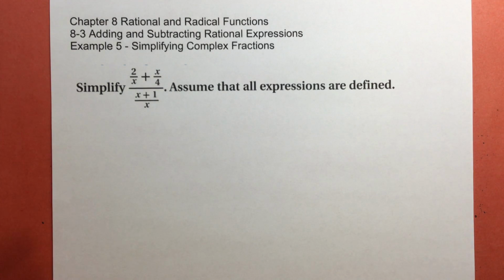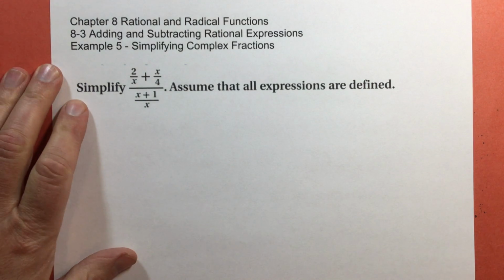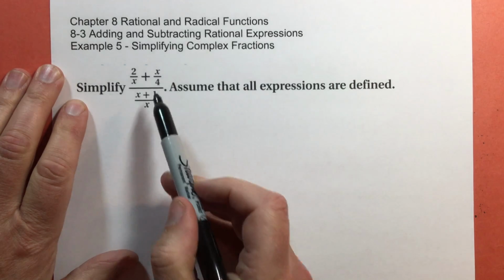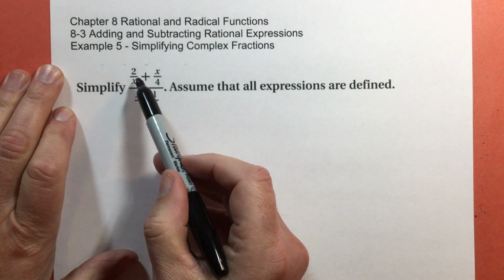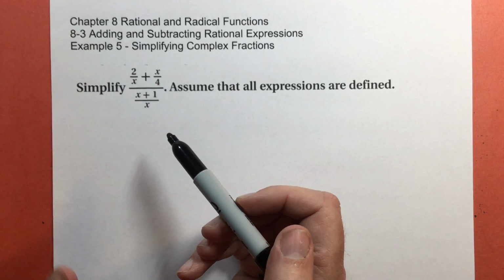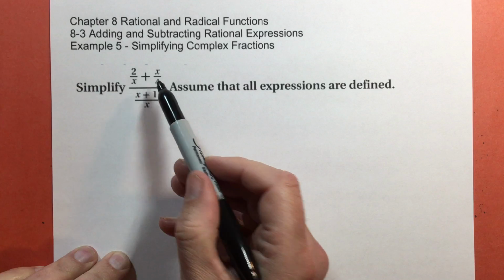The reason it's connected to this section is because it involves the lowest common denominator. So look at all the denominators of the fractions inside the numerator and denominator. I'm looking at the x, the 4, and the x. Here's an x, here's an x, so that's common, but there's also a 4.